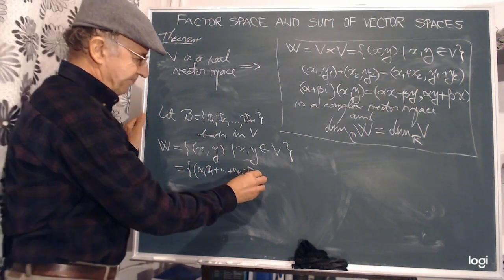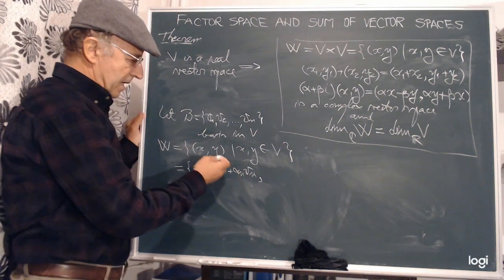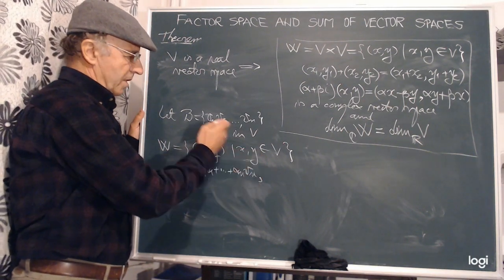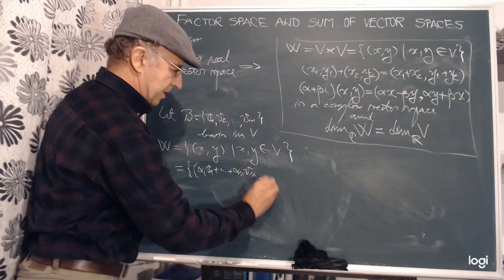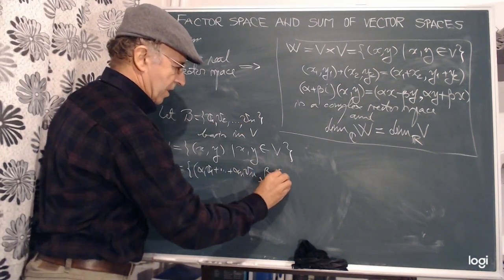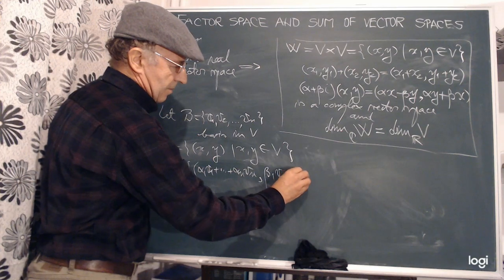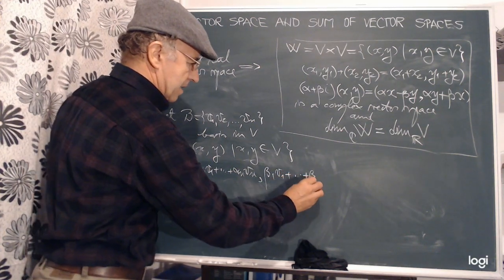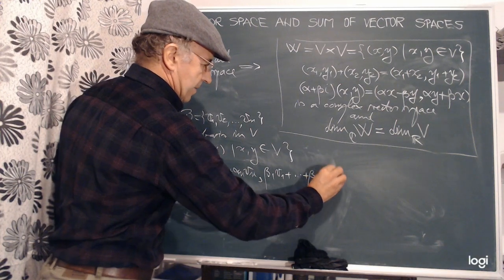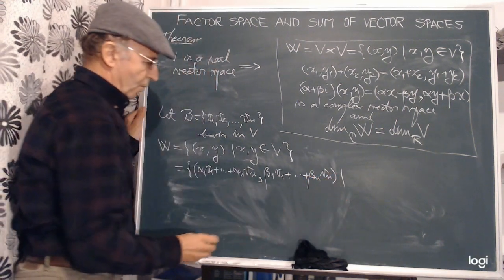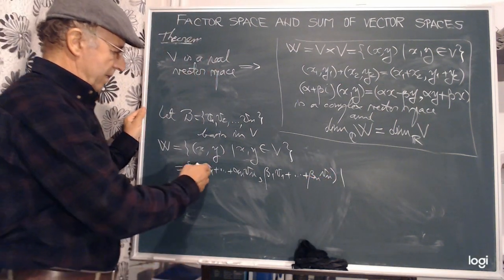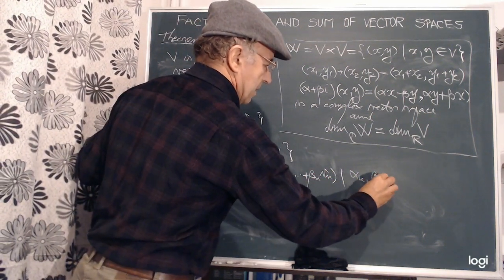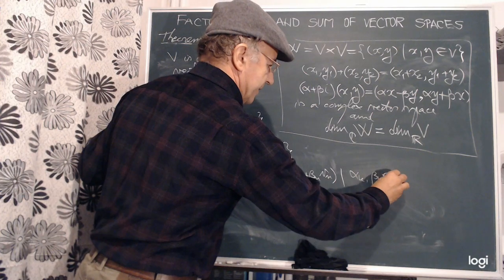and similarly, the expansion of the vector y in terms of the basis, beta 1 v1 plus so on, up to beta n vn, where alpha k, beta k are real numbers.